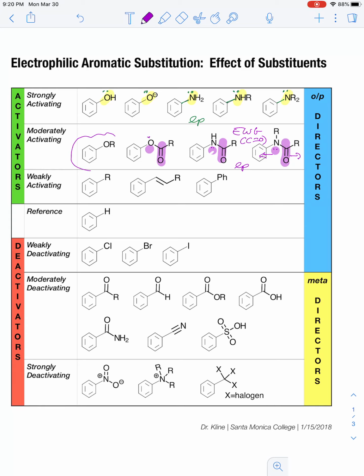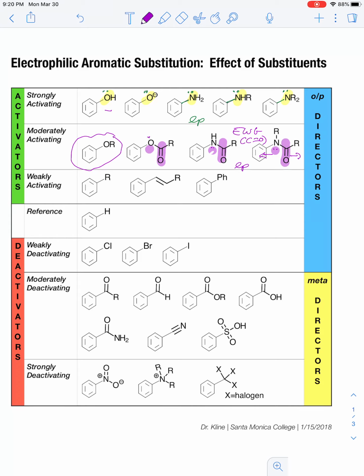And then we do have a slight issue here that if you have, as opposed to an OH or an amine, an ester, this gets put in this moderately activating group. And I tell students in a normal semester that they don't need to memorize that. In other words, I'm never going to ask you to compare phenol to anisole or aniline to anisole, or for that matter, phenol to aniline.